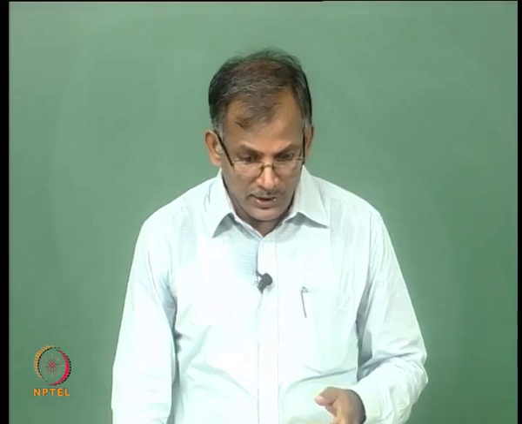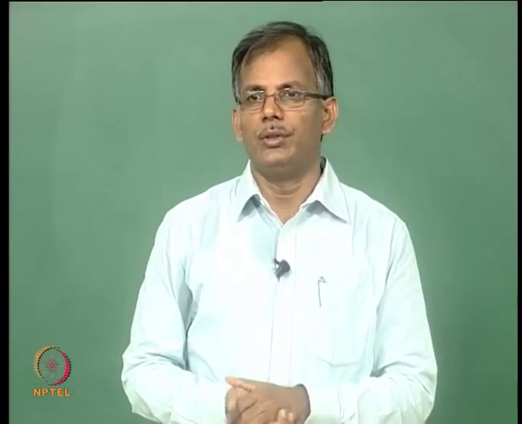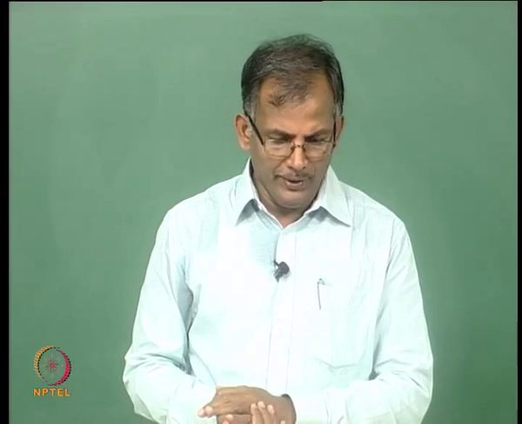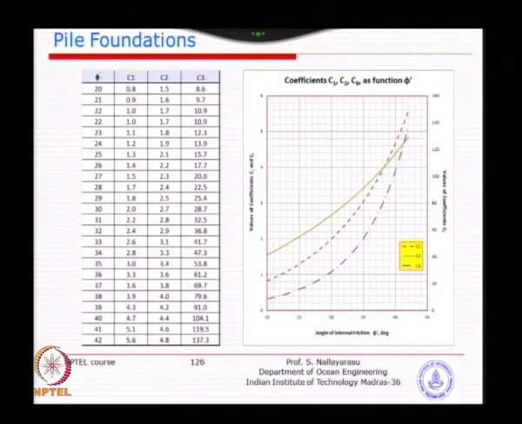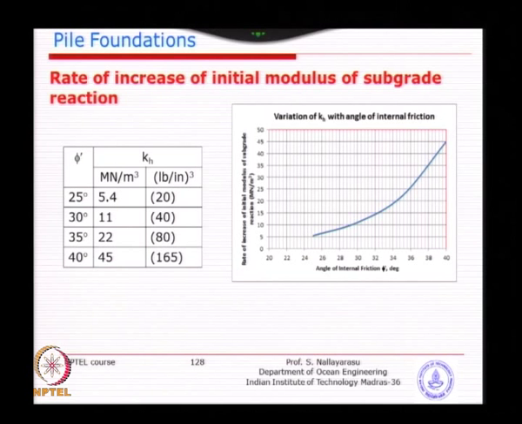Of course, you see here it is the initial modulus of subgrade reaction, because after the soil gets disturbed the modulus gets reduced. So, this is what we have to read from the API. In fact, I hope I have given that graph here. This is a reproduced graph from API for different values, just the relevant values I wanted to highlight, so that you remember those numbers.